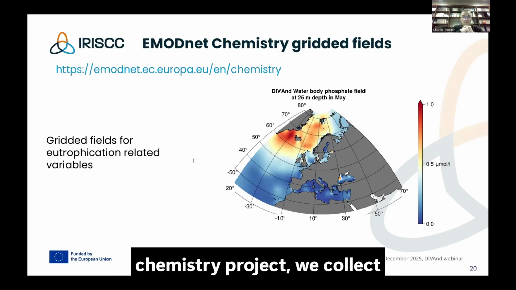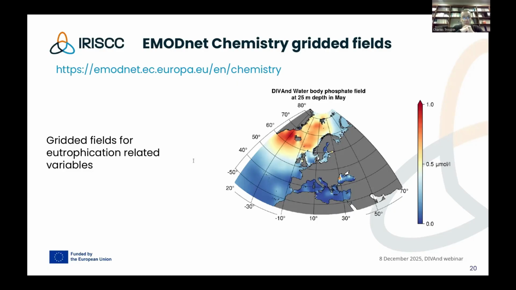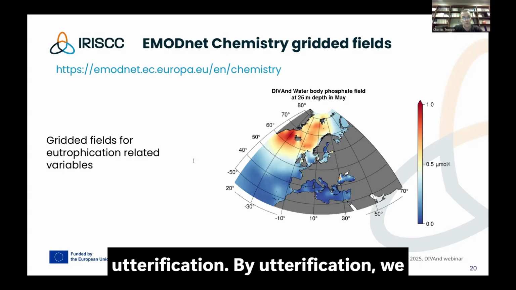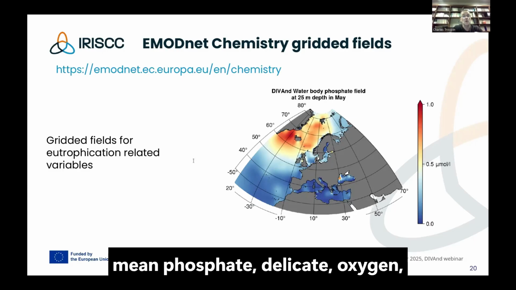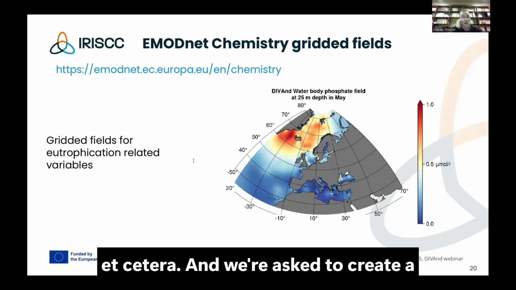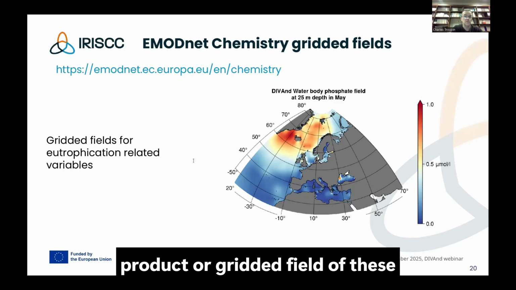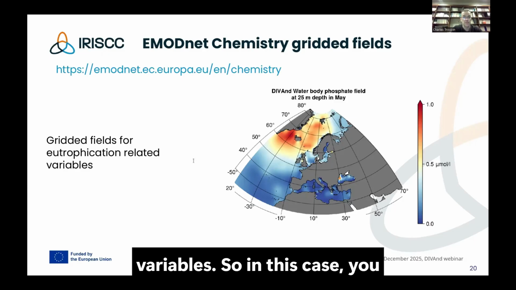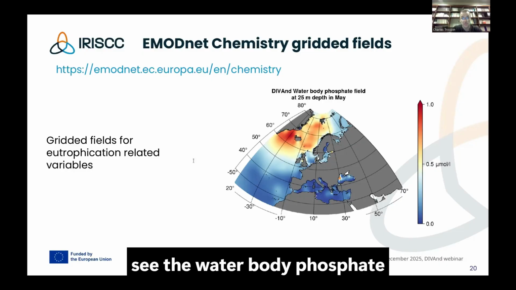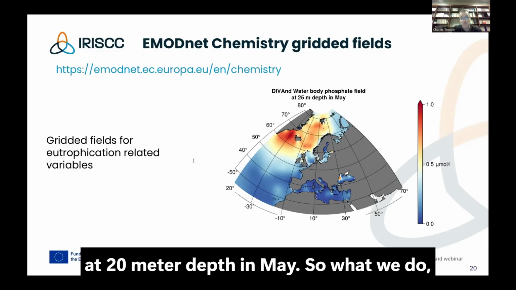So in the EMODnet Chemistry project, we collect much data related to eutrophication. By eutrophication, we mean phosphate, silicate, chlorophyll, oxygen, etc. And we're asked to create a product, or gridded field, of these variables. In this case, you see the water body phosphate at 20-meter depth in May.